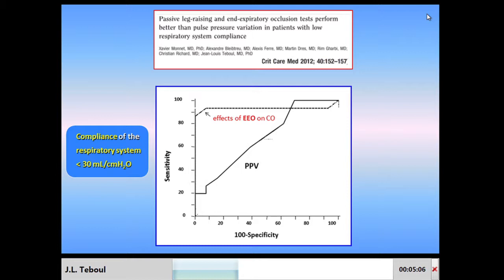One of the advantages of this technique is that it works very well in situations where you have low lung compliance, for example. This is another study we did, and we looked at the area under the ROC curve for PPV in case of low lung compliance, for example, ARDS. And as you can observe, the area is not good. And the effects of an expiratory occlusion test on pulse contour cardiac output were very good in terms of area under the ROC curve.